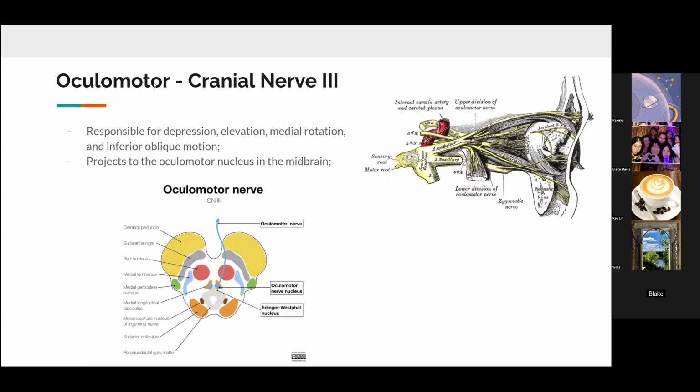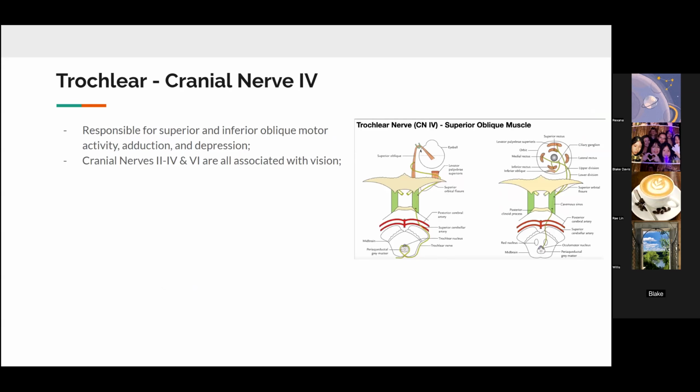So in this case, it projects to the oculomotor nucleus, which processes these signals, converts them into something more recognizable, transmits it to the thalamus, and then that goes on to different regions where we can almost voluntarily control eye movement.